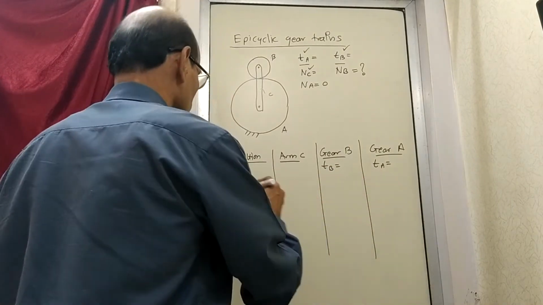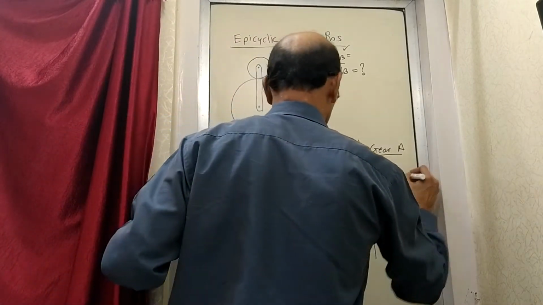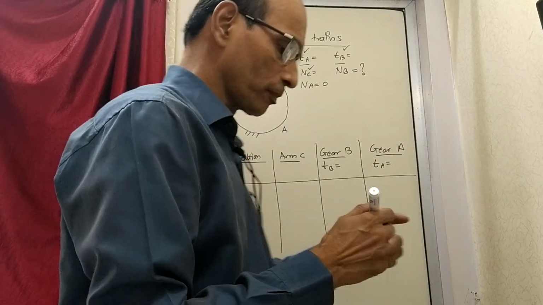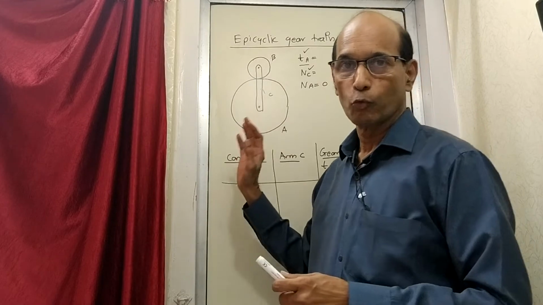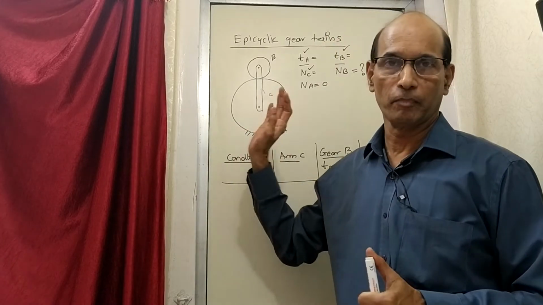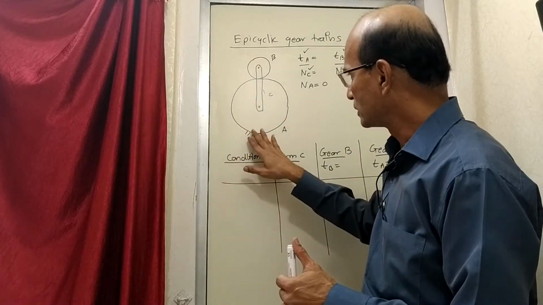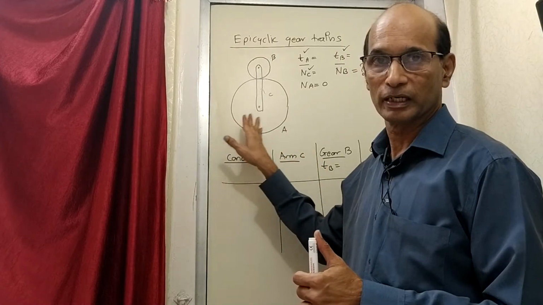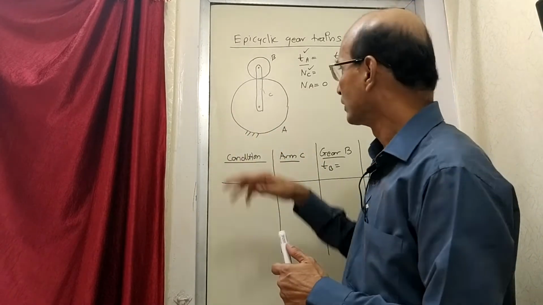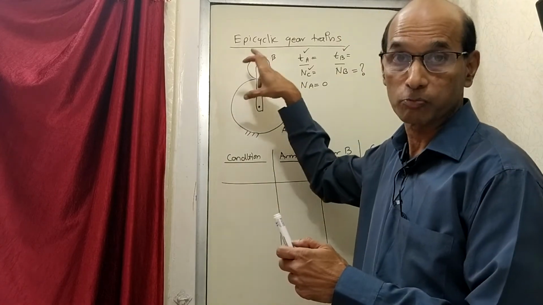Then here we write conditions. Now what is the meaning of condition? See how we solve this problem. First, we make some change in this problem temporarily. We say that this gear A which is fixed, we are going to release it so that it is free to rotate. And arm C we are going to fix for the time being.